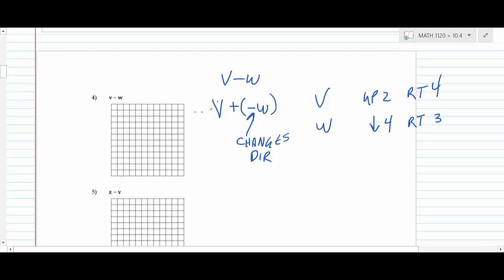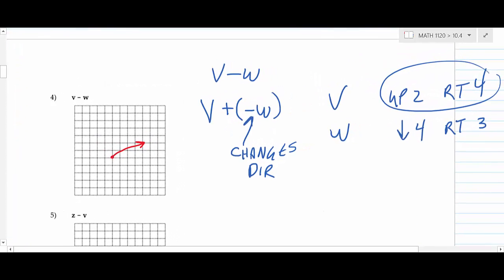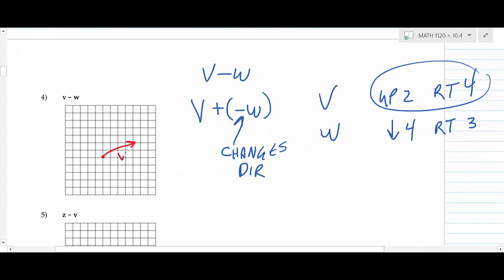Let's start with vector v. Pick a starting point in the middle somewhere, and then you're going to go up 2, right 4 like that, 1, 2, 3, 4, and then you can sketch out that vector. That will be your vector v.